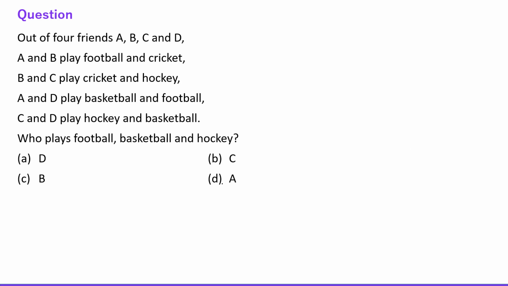The next question is based on the last question only. Who plays football, basketball and hockey? I mean FBH. We will use the table of the last question only. FBH we need to find.